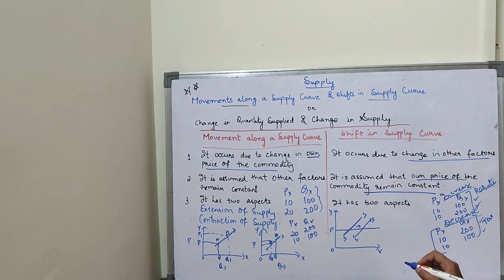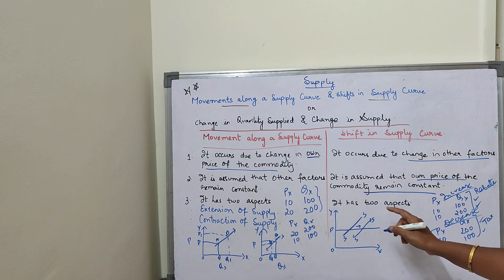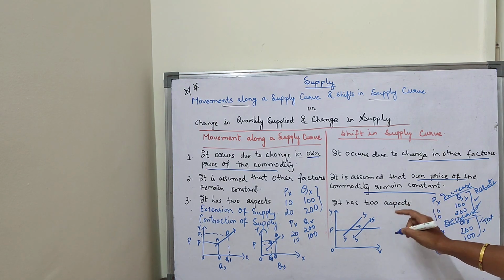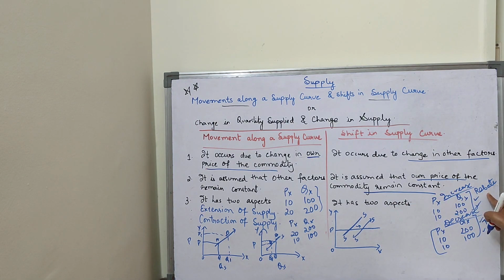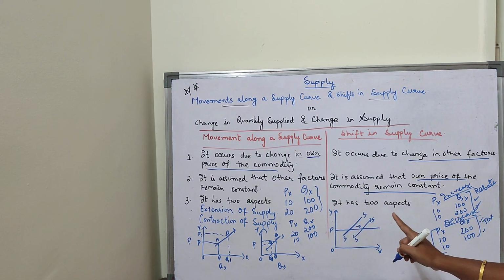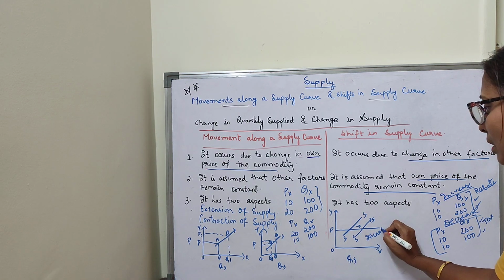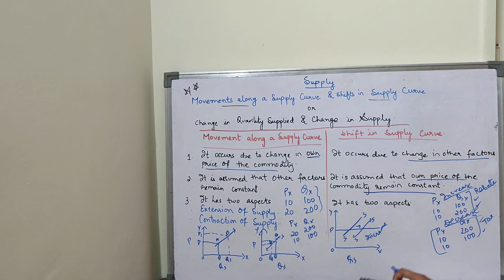So what I can see is that supply changes due to change in the other factors. That is, I can take the rebate. When the government has given the rebate, my quantity supplied increases. Price remains constant. So this is the increase in supply. Clear? Now decrease in supply.